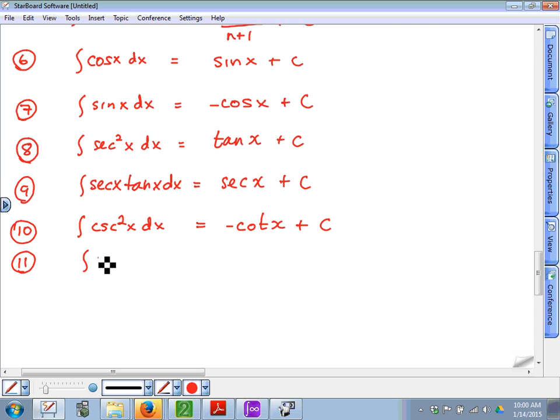And finally, the integral of cosecant of x cotangent of x dx is negative cosecant of x plus c.